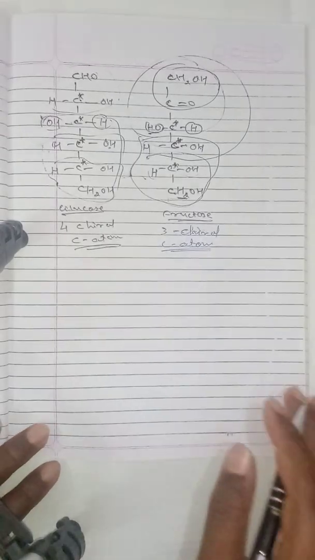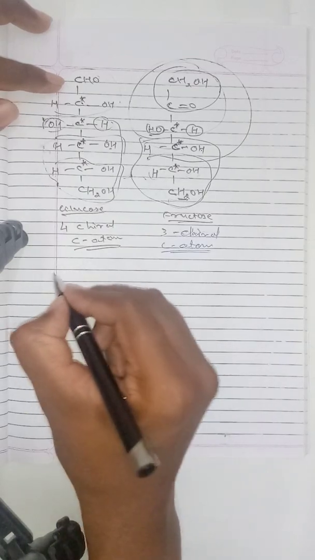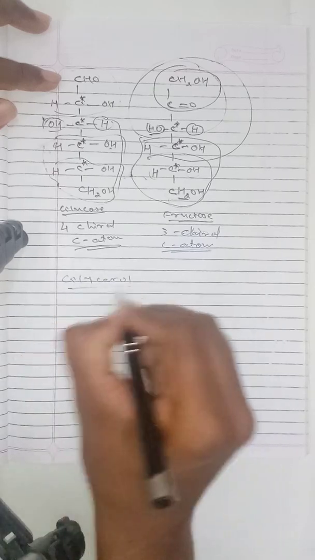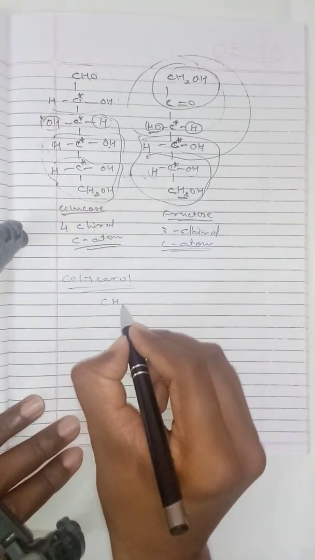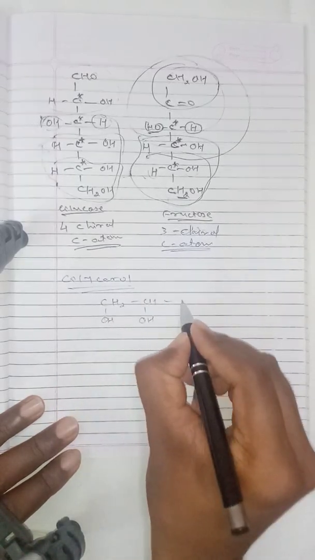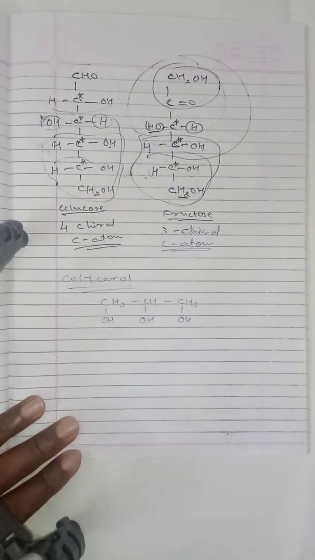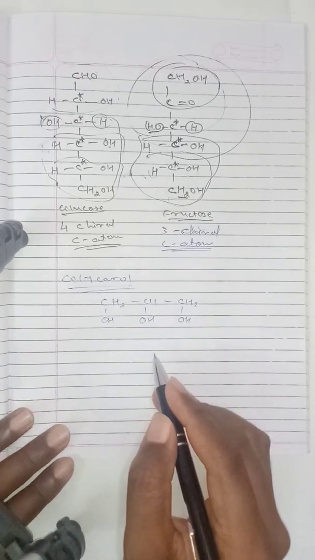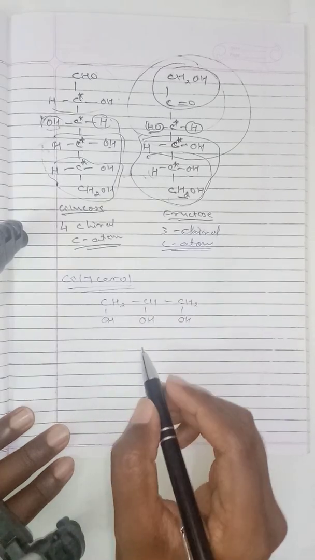Okay, now let's see another example, glycerol. 1, 2, 3 propanetriol: CH2OH, CHOH, CH2OH. Here let's check the chiral carbon.